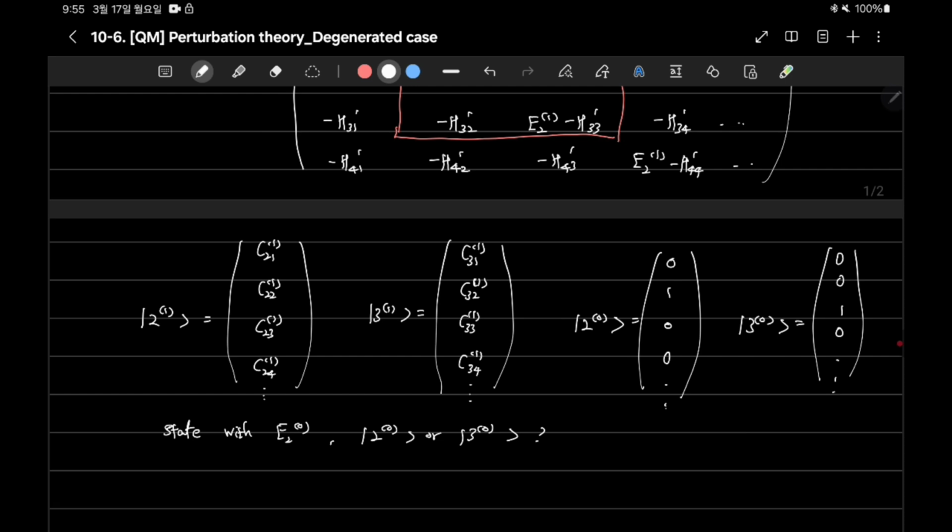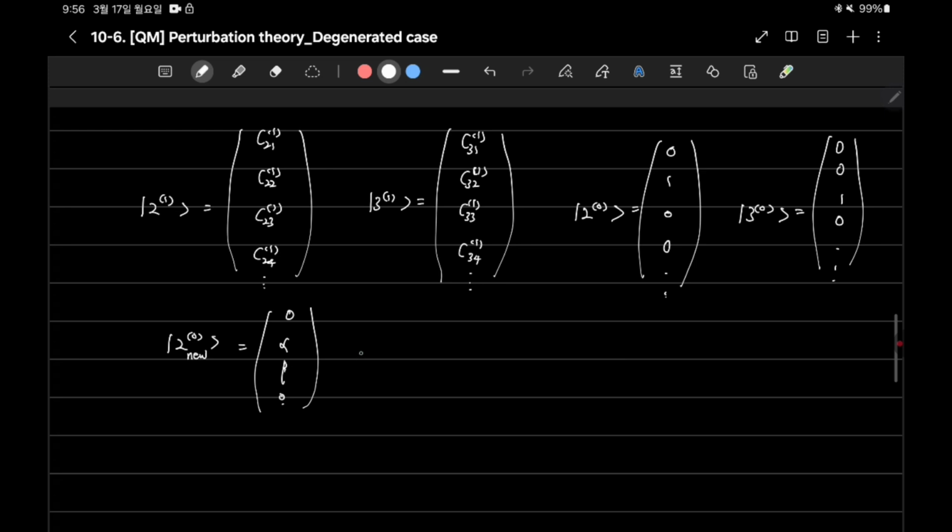For example, let's denote the new state for the E20 state as a new state, and it is a linear combination of 0, alpha, beta, 0, and like this.